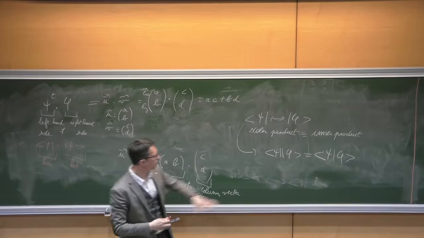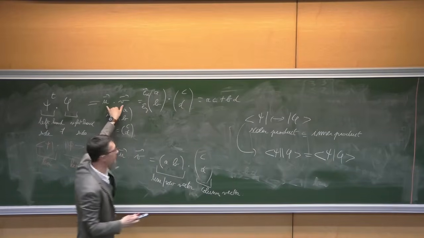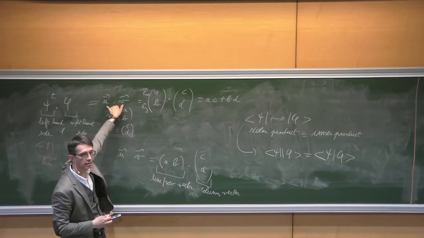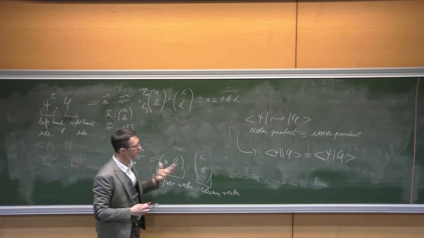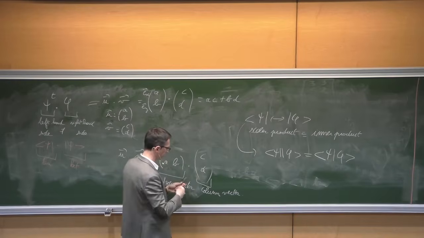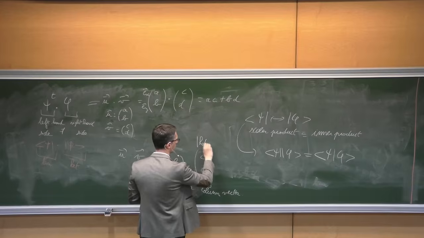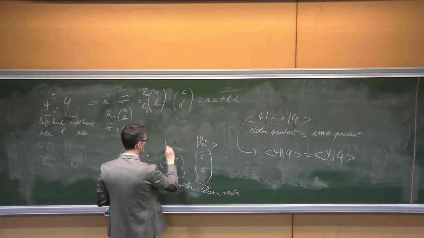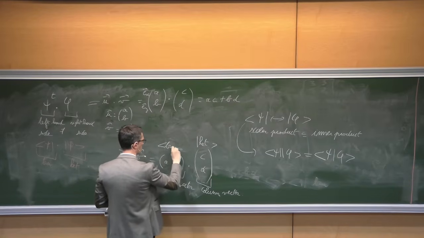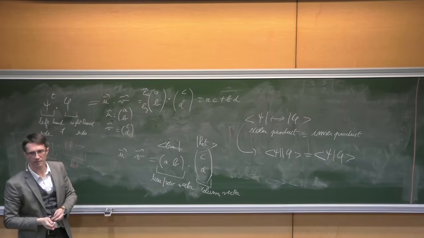So this is the strict equivalent of what we know very well, except that now we have to treat the ket part as a column, and we must treat the bra part as a line. Okay?